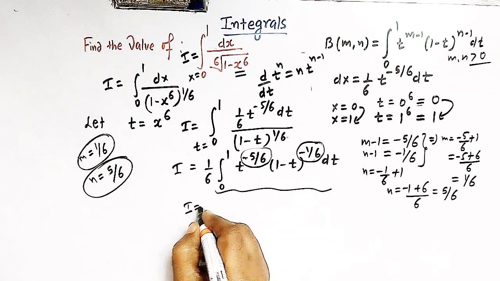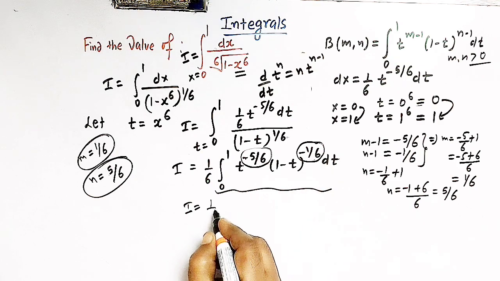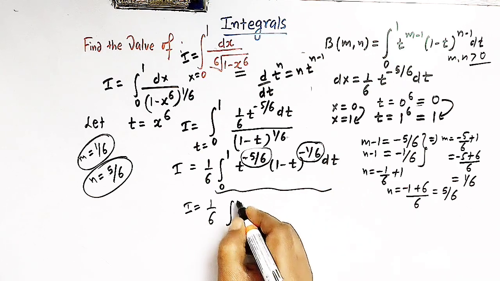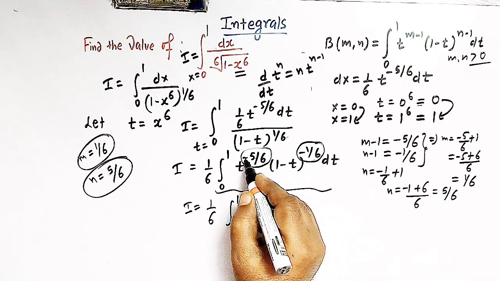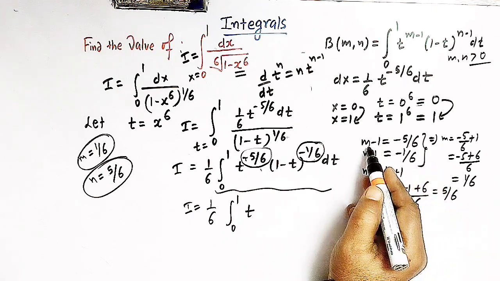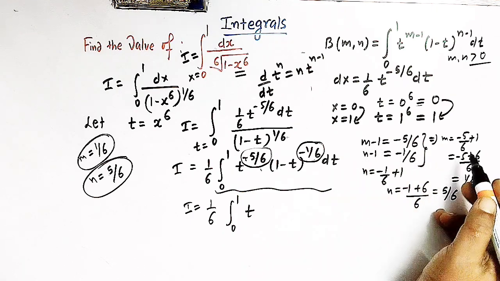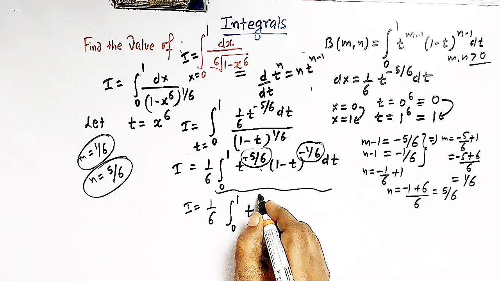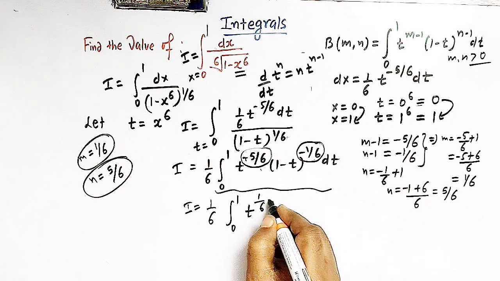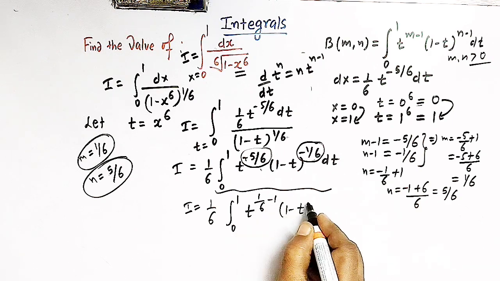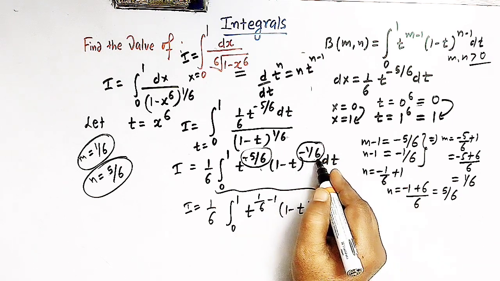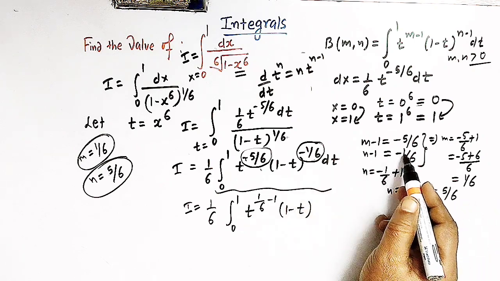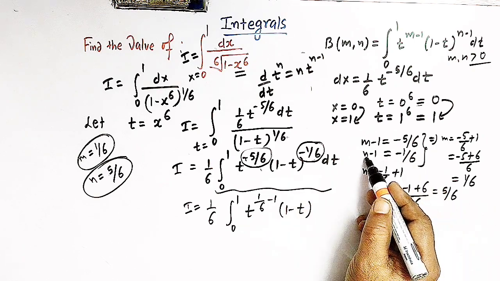So now we can write this integral as 1 over 6, integral 0 to 1, and t raised to minus 5 over 6 is m minus 1. So we have m is equal to 1 over 6. So 1 over 6 minus 1, and here we have 1 minus t raised to minus 1 over 6. So minus 1 over 6 can be written as n minus 1.